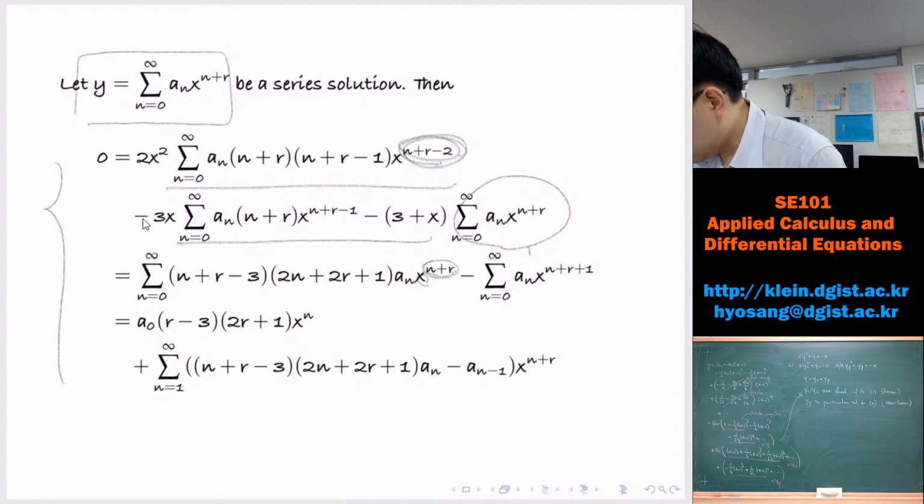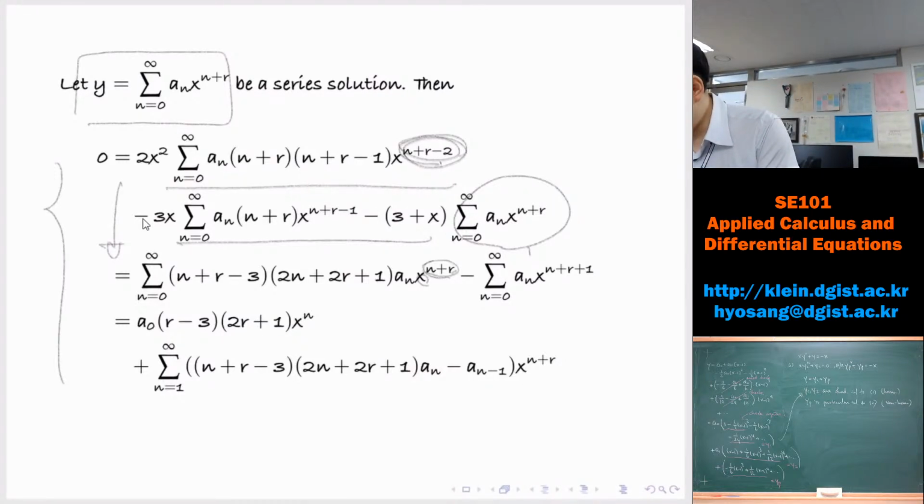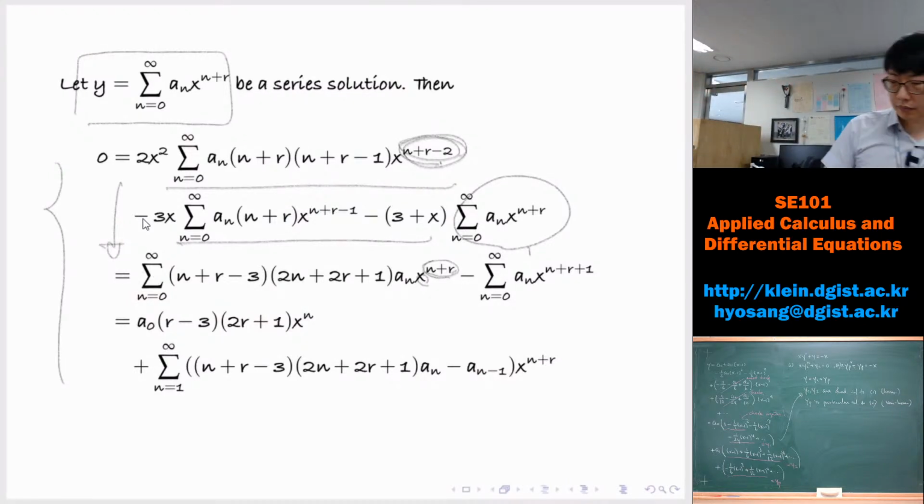There's a lot of missing computation here, so it might be hard to follow from the first equation to the second equation. So let me write that on the board.